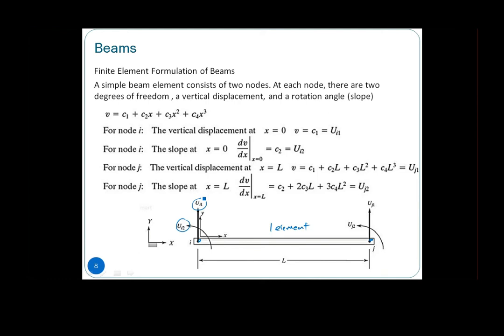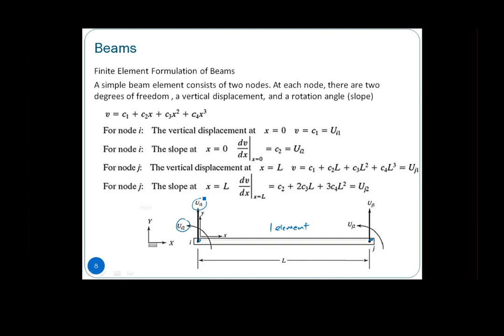So each element has two nodes, each node has 2 degrees of freedom. So one element has 4 degrees of freedom, then one element has a 4 times 4 matrix for our K later on, right?